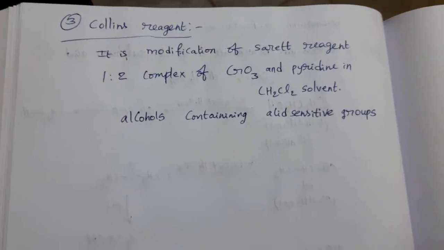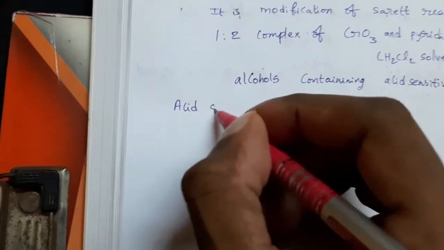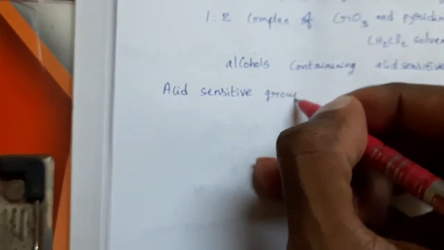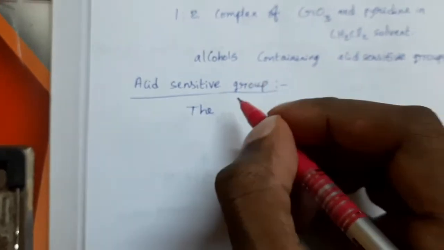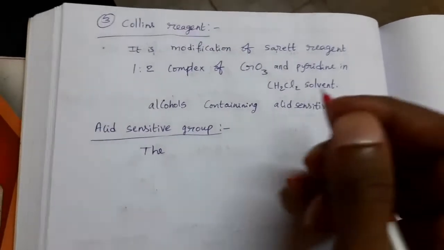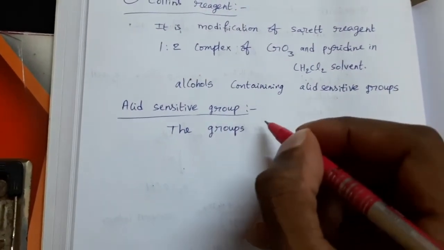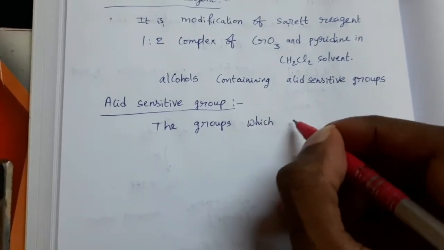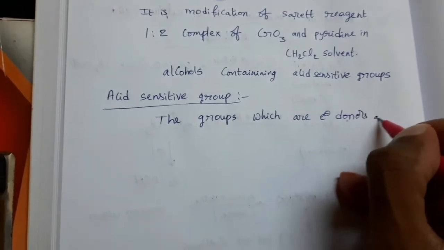is useful. What is an acid sensitive group? See here. Acid sensitive group means the groups which are electron donors.